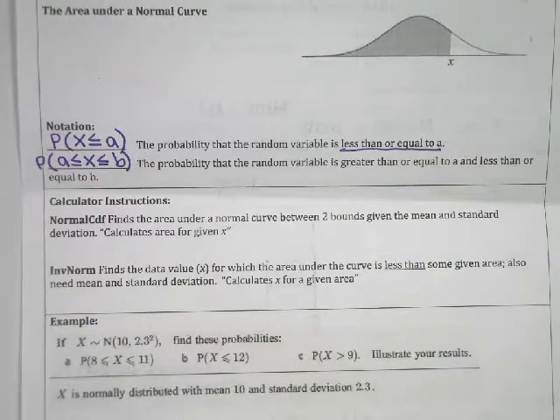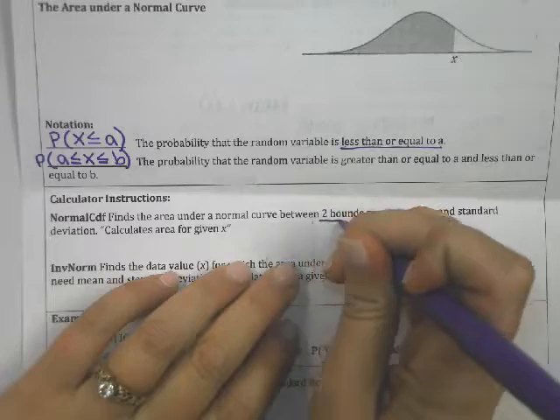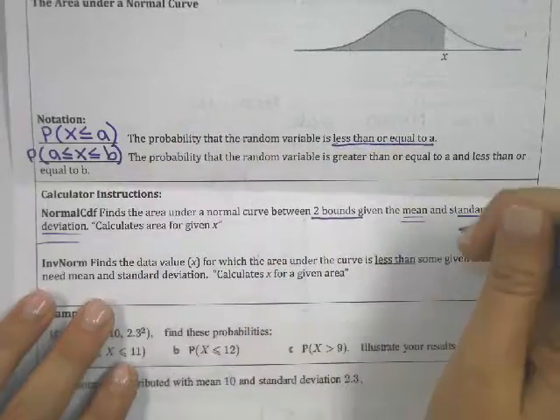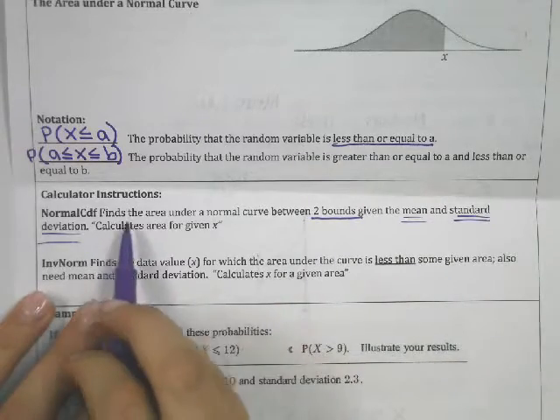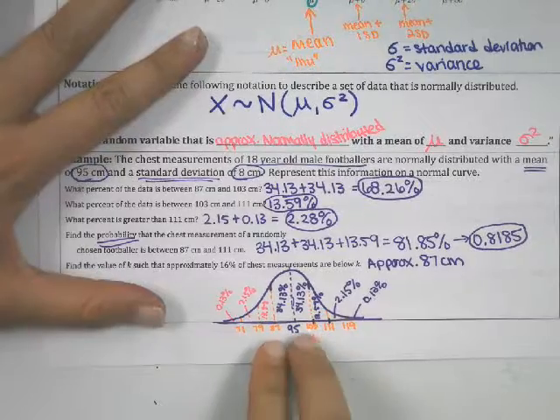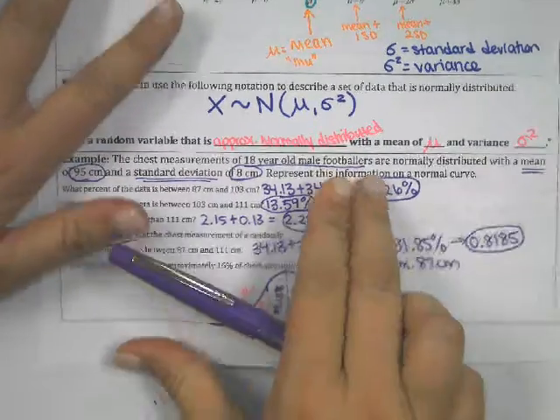So, calculator instructions. It says, normal CDF finds the area under the normal curve between two bounds given the mean and standard deviation. So, for instance, the percent of data between 87 and 95, we could find that.